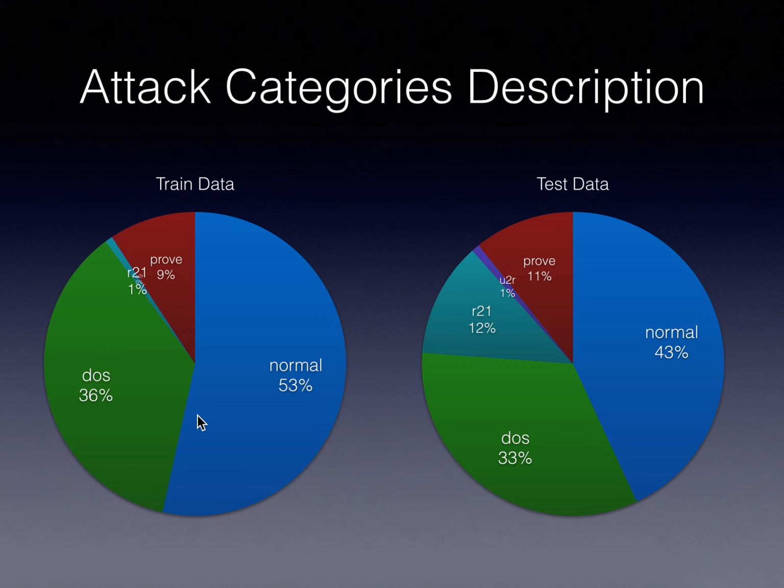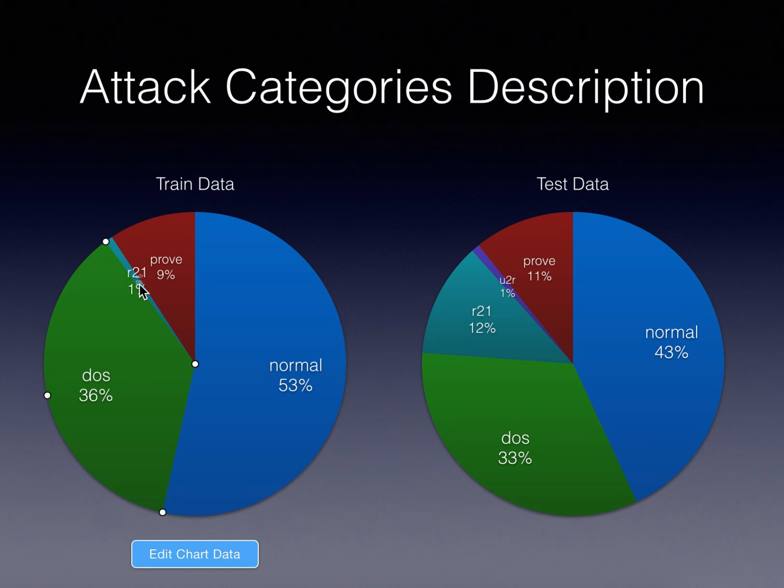And then I dig into the training data and test data, and I look at the proportion of different kinds of attack categories. As you can see, in the training data, most of the instances are labeled as normal and DOS, and there are 9% of them as probe. There's a typo here, this should be probe.